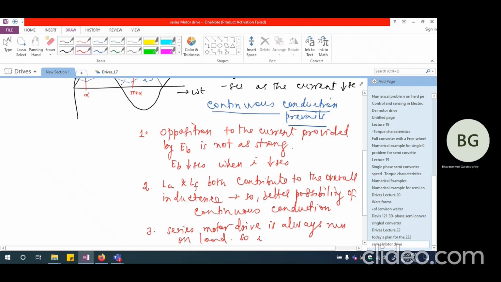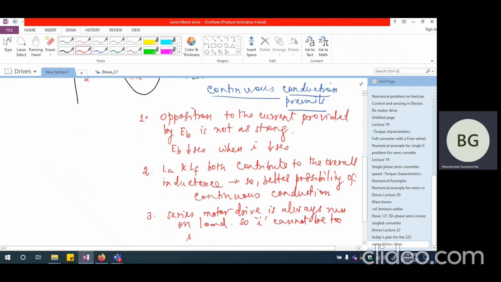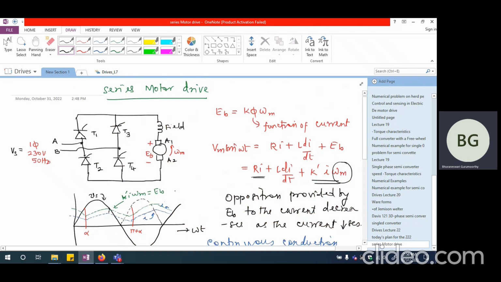So I cannot be too small. If you expect the motor to be on load, obviously the current has to be a fairly good amount of value. So that will also make it continuous conduction. So that is the reason why generally you would see only continuous conduction taking place in the case of series motor drive.